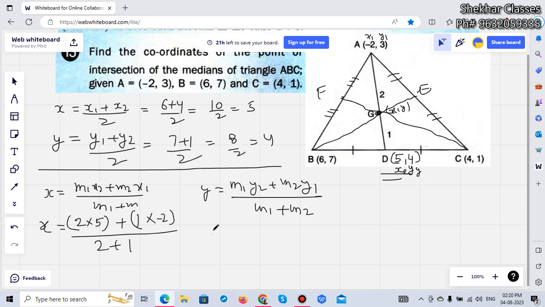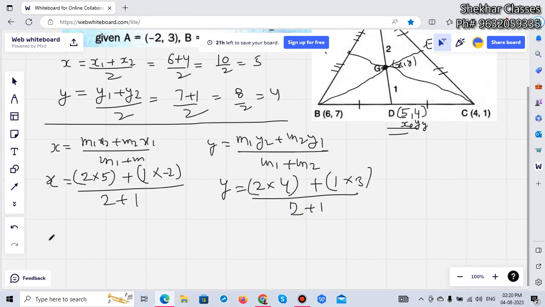Similarly, Y is equal to M1 is 2 into Y2 which is 4, plus M2 is 1 into Y1 which is 3, upon 2 plus 1. Simple.